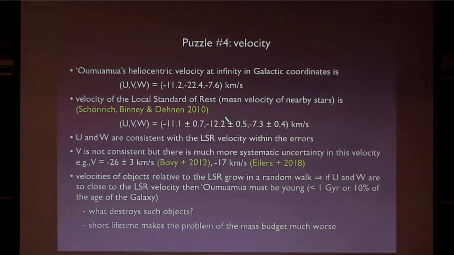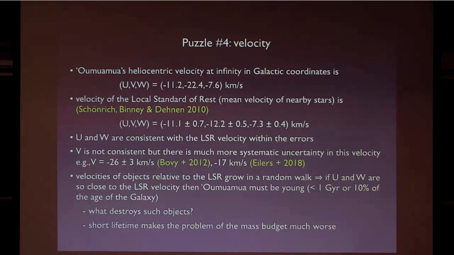The velocity in the azimuthal direction is not consistent, but there's considerable controversy about what that velocity actually is. There are estimates in the literature ranging from 26 to 17 to 12, so I'm not too worried about this discrepancy. So it looks like it's moving very close to the local standard of rest.